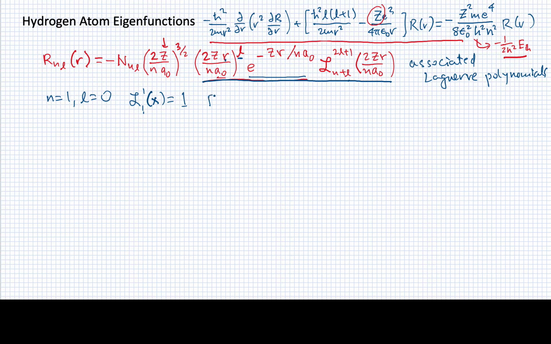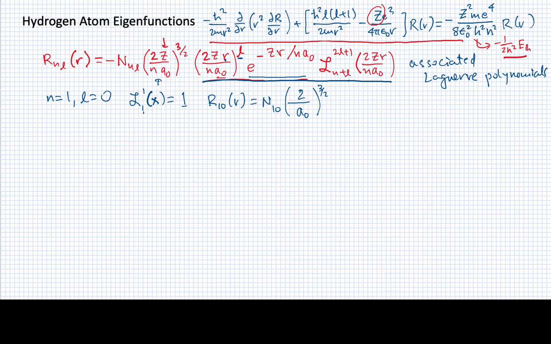Now we have our radial wave function, which we can write now as a normalization constant times a factor, and I'm going to just take Z equal to 1 in this case, but there would be a Z in the numerator for this particular term. So it would be 2 over n equals 1 times a0 raised to the 3/2.